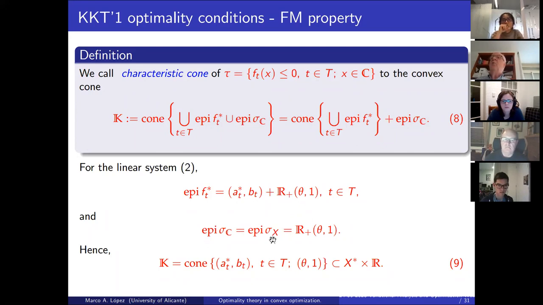And when the underlying space is the whole space, the epigraph is just this half line starting at the origin. And so the characteristic cone is the convex cone generated by these vectors of coefficients, because in the linear semi-infinite model they are elements of the dual. In any case, this convex cone lives in this product space.